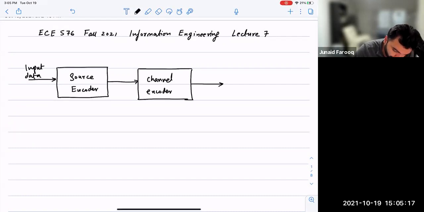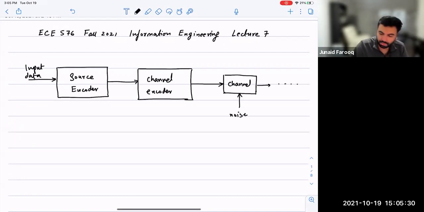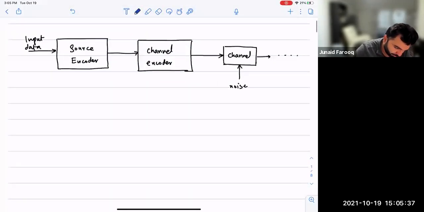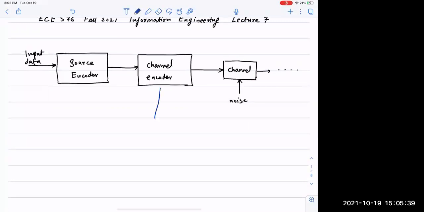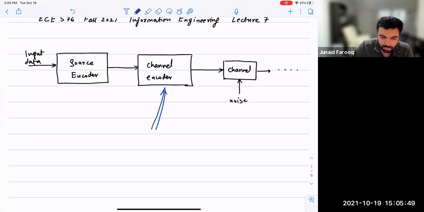And then it becomes the signal T, which is transmitted over a channel, where noise is added to this. And that goes on to the receiver side. So we've seen up till now that the channel encoder tries to make sure that when you transmit data, you are able to detect it correctly.